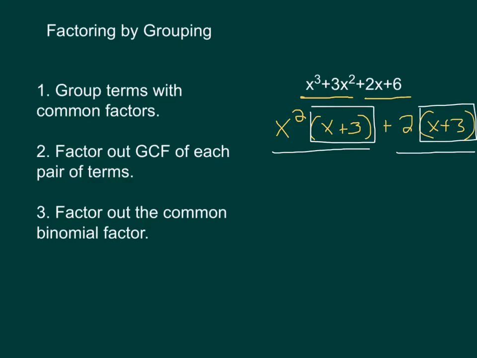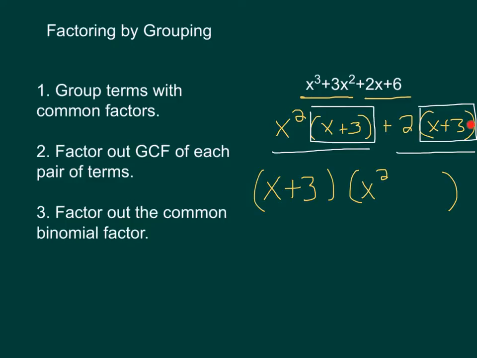And so I take x plus 3 and factor that GCF as a binomial factor out of my polynomial. What that leaves me with is, well, x plus 3 times something gives me x squared times x plus 3. Well, that something then has to be the x squared that I started with right here.